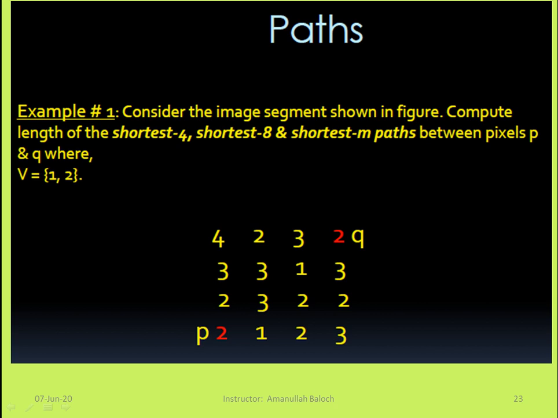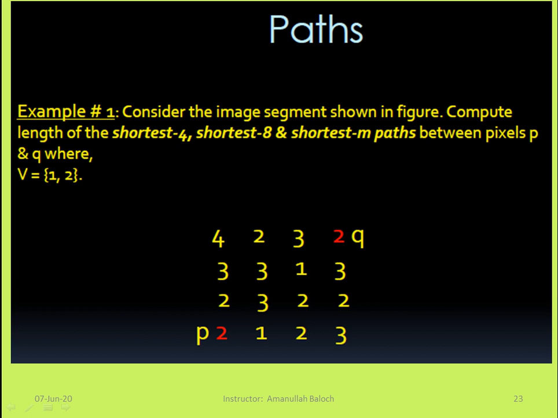There may be more than one path from P to Q, but we will follow the shortest path when we consider 4 adjacency, 8 adjacency, and m adjacency between pixels P and Q.